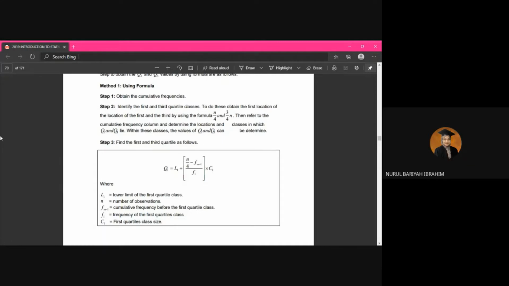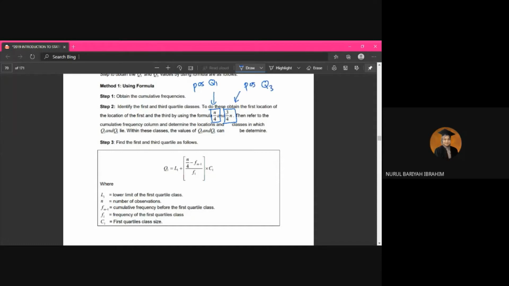This method is for Q1 and Q3. To find the position for Q1, it is n over 4. The position for Q3 is 3n over 4. This is the position for Q1, and this one is to find the position for Q3.